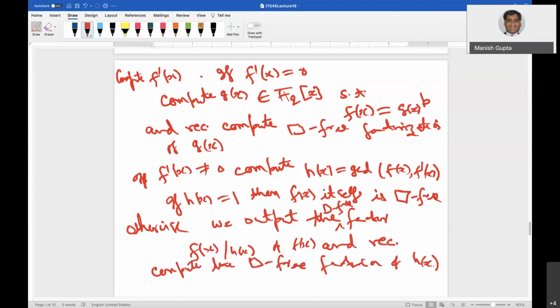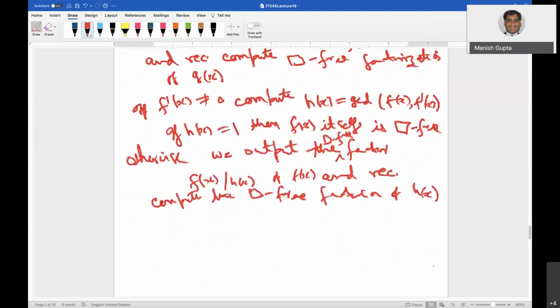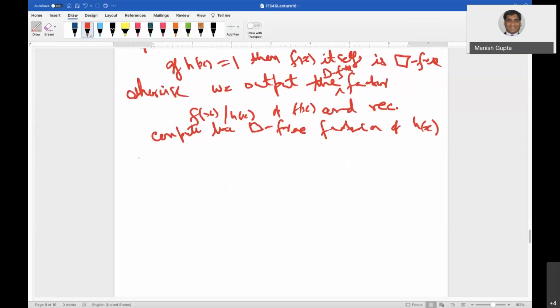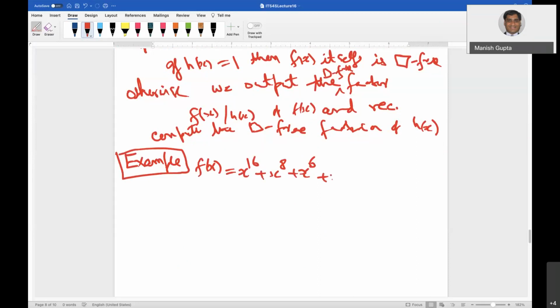Let me give you a small example of how this is done. Suppose f(x) is x raised to 16 plus x raised to 8 plus x raised to 6 plus x raised to 4 plus x squared plus 1, belonging to F2[x].